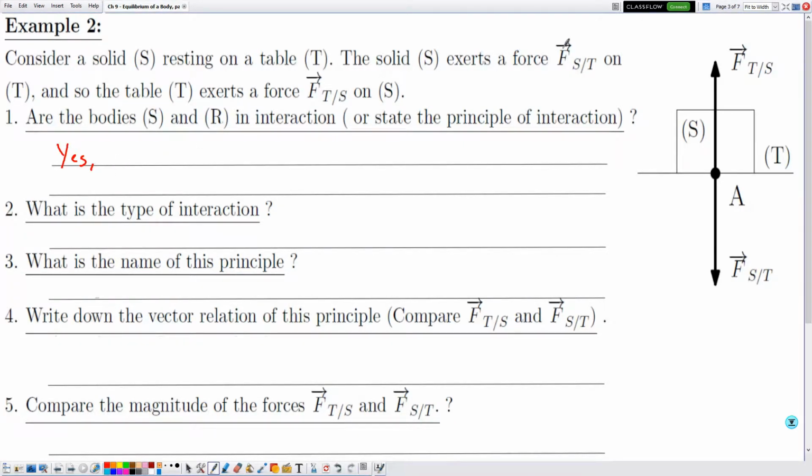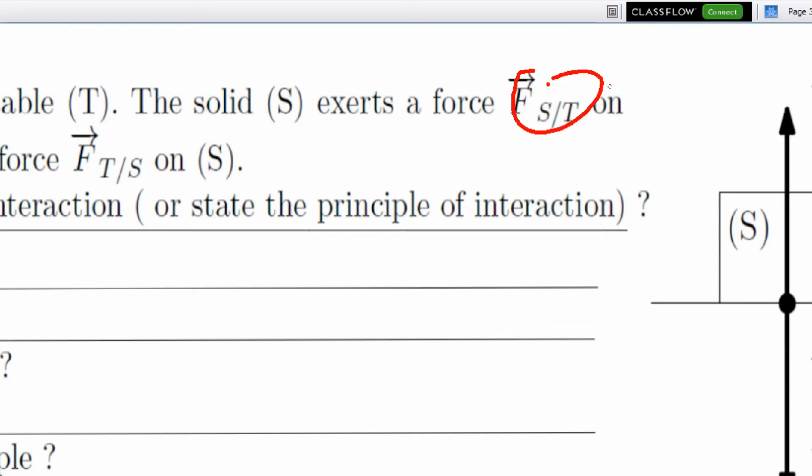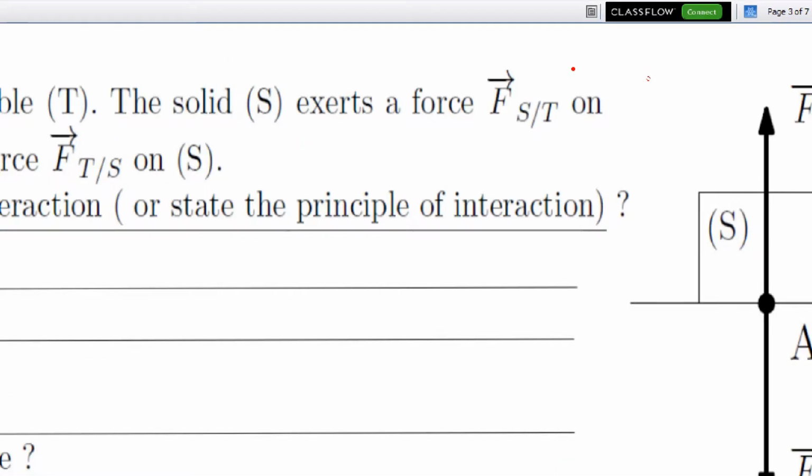So for example, if you consider this one to be the action, then this is the reaction. If you consider this one to be the action, then this one will be the reaction. So let me consider this to be the action, then this will be considered as the reaction.